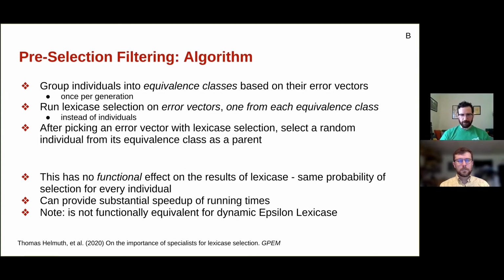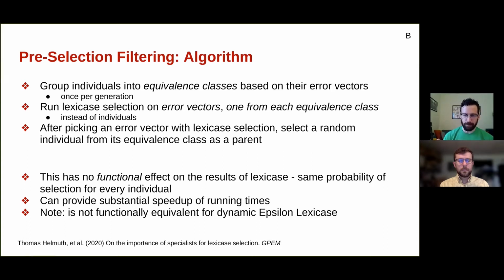Because of that, Epsilon is going to depend on what individuals are in the pool. If you have tied semantics, you're going to have multiple copies of individuals, and that will shift the distribution of semantics and therefore change Epsilon. So that's an important thing to note. If you're using static Epsilon Lexicase, you don't run into that problem.